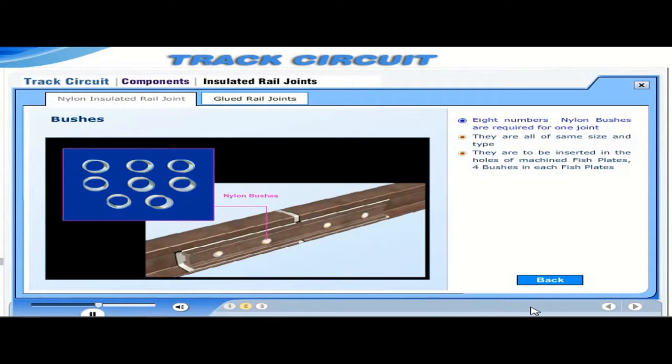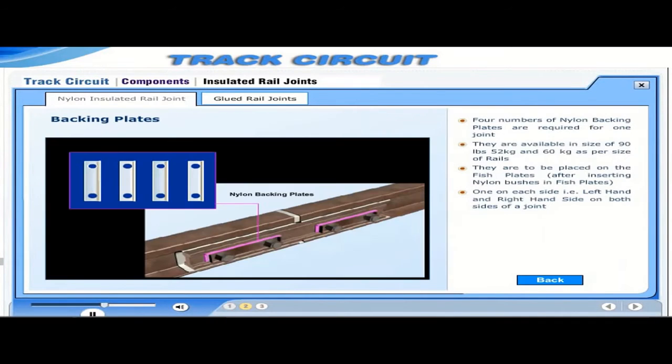Bushes. 8 nylon bushes are required for one joint. They are all of the same size and type. They are to be inserted in the holes of machined fish plates, 4 bushes in each fish plate. Backing plates. 4 nylon backing plates are required for one joint.